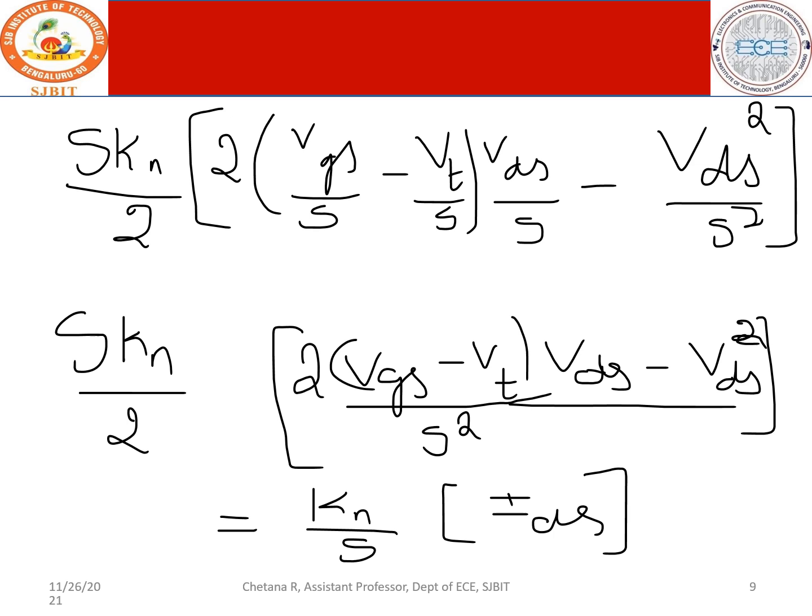The 2 is retained inside itself. Once you do this, you will get back Kn by S into IDS. So the current is scaled by a factor of S.